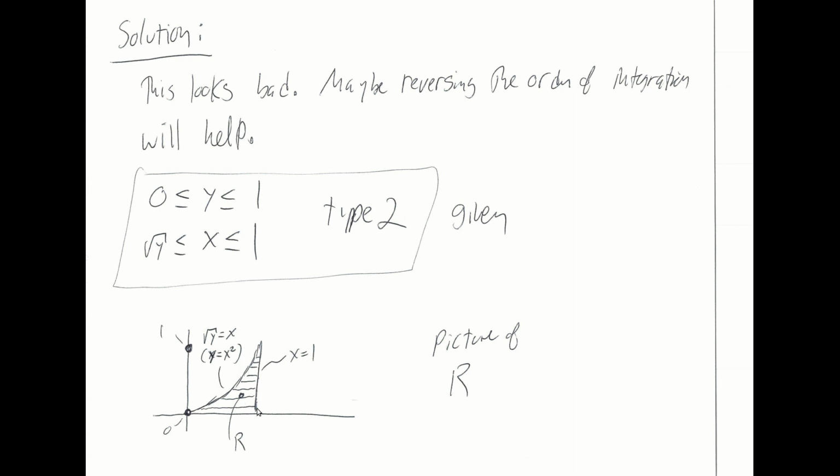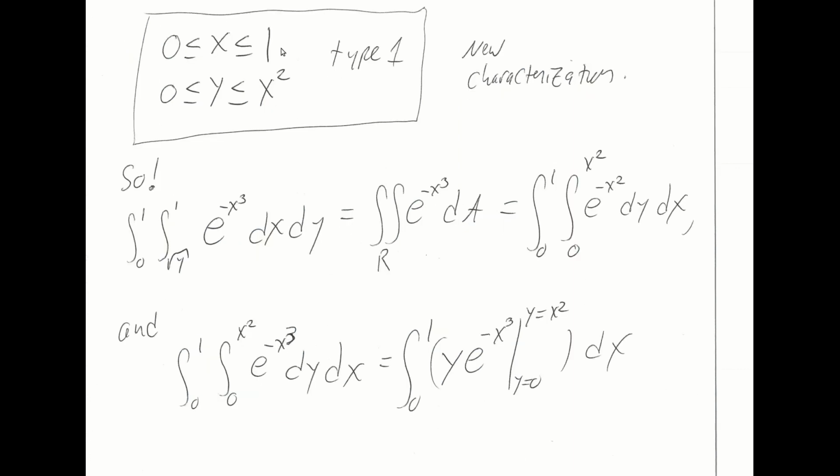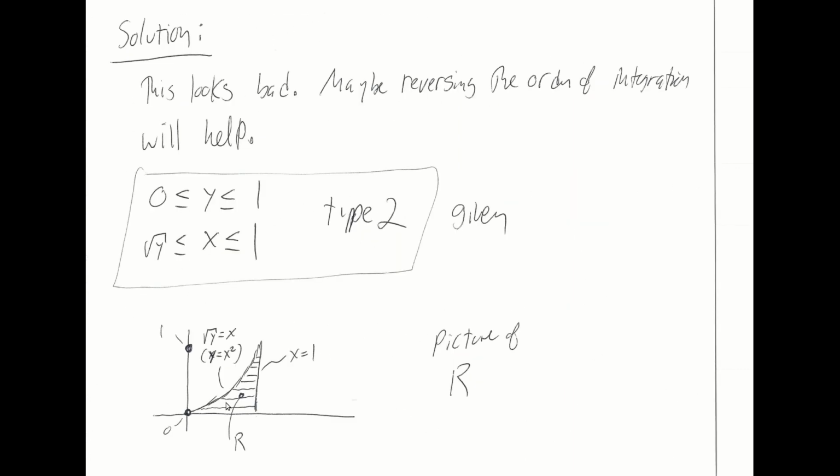Saying it yet one more way, 0 is the smallest x component for any point in this region, and 1 is the largest x value associated with any point in this region. So x is going from 0 to 1. To get the same region, we need y to go from the x-axis up to the parabola. x slides from 0 to 1, and for each point in that interval, my y value should be going from the bottom curve up to the top curve.